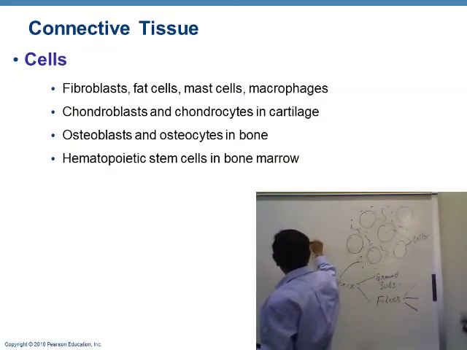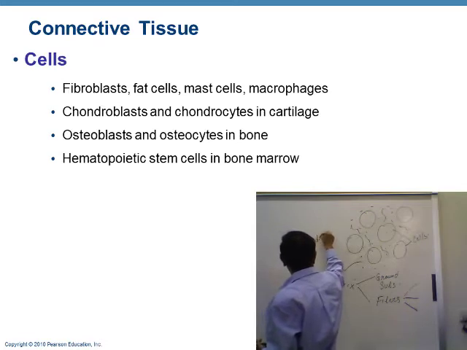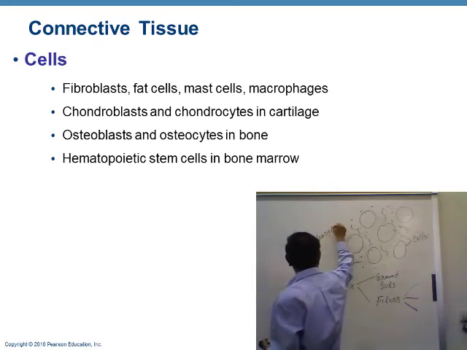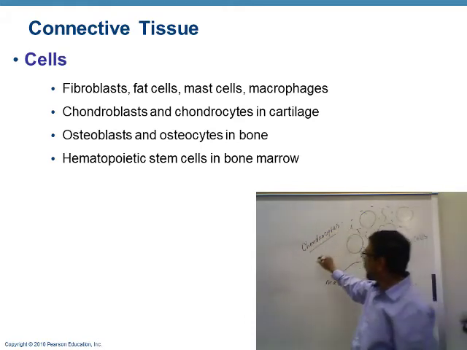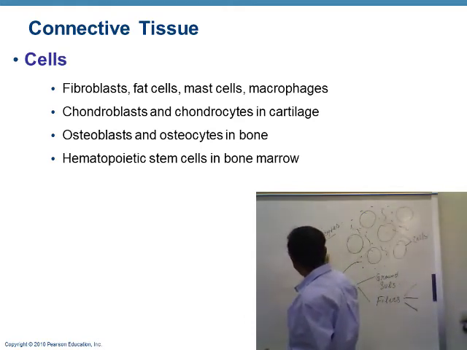And cells. Different connective tissues have different types of cells. The cells in the cartilage are called chondrocytes. Chondro means cartilage, cyte means cell. So cartilaginous cells are chondrocytes, osteocytes. Osteo means bone, cyte means cell.